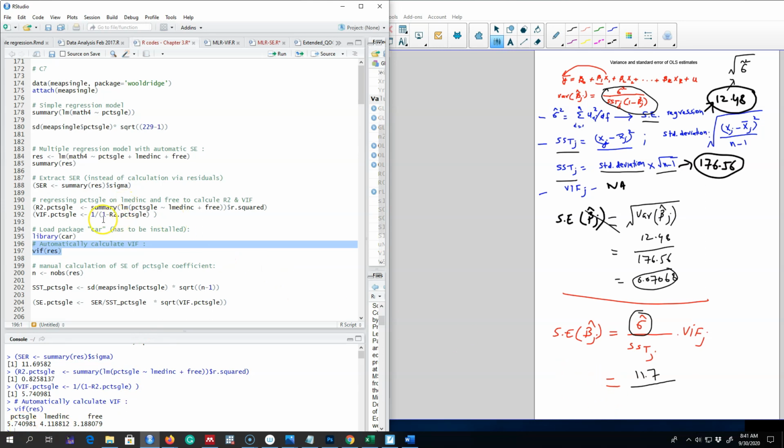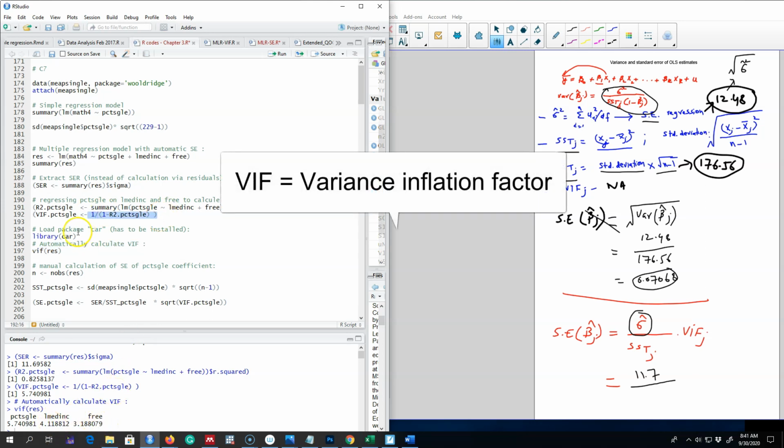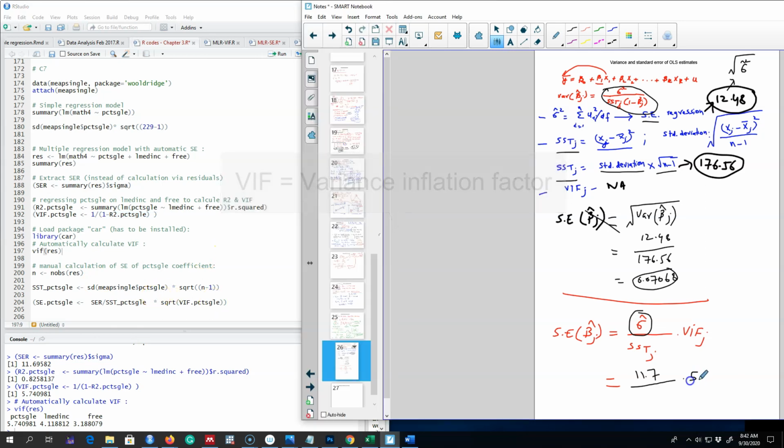It is the same as we calculated manually, and in addition to that, the variance inflation factor of log median income is 4.11, and of free is 3.188. So if we regress log median income on the other two variables and get the R squared and pass it to this formula, you will get the other variance inflation factors. Okay, so that's how you calculate the variance inflation factors.